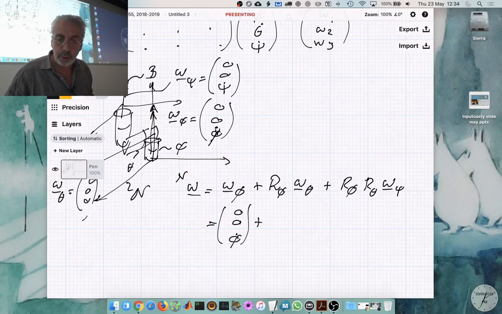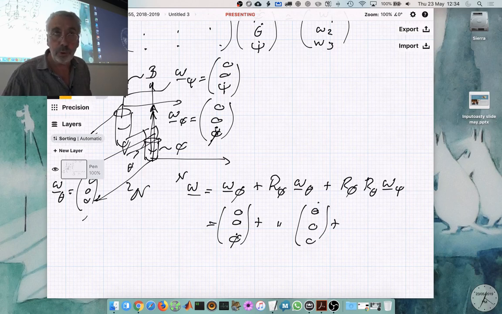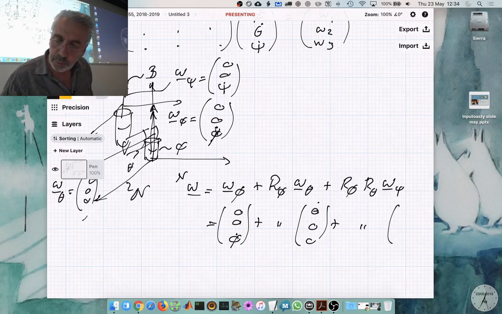Then I have to write down this matrix, but that's very simple with cosines and sines. There was a theta dot here and a 0, 0. And then the product of these two matrices is a bit more complex, but still not as much work as we had above. And that was psi dot.